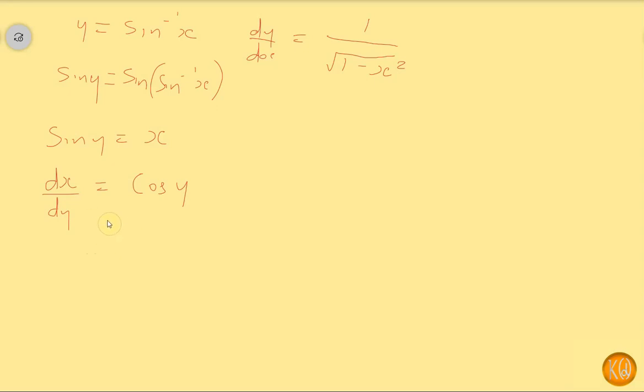So being that we have this, we can find dy dx by just reciprocating this fraction. If we reciprocate this side, we do the same here, or we can simply cross multiply. Okay, so dy dx would be equal to 1 over cos y. Now good, we found the value of dy dx. Great.